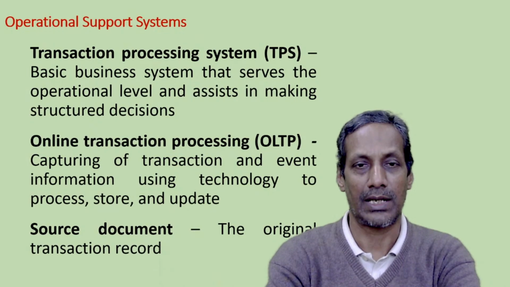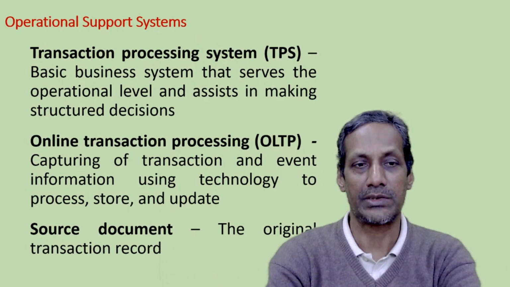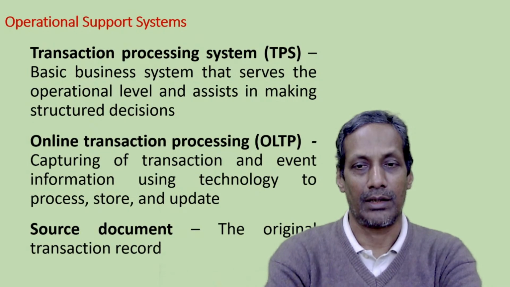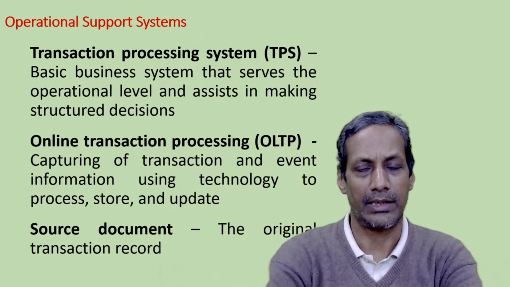The information that is generated out of the conduct of an event or a transaction, using information technology to process, store, and update. The original transaction record can be the source document for a TPS.